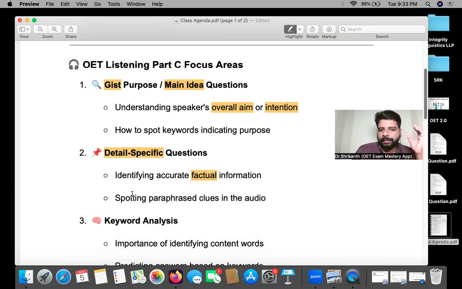So you have to spot it. And of course you have to understand that there will be paraphrased clues in the audio. They will not repeat the same words in the questions, the answer options and the audio. This is OET. Very rarely will they repeat the same words. They will be using a lot of paraphrases, so we should be able to spot paraphrases and synonyms.